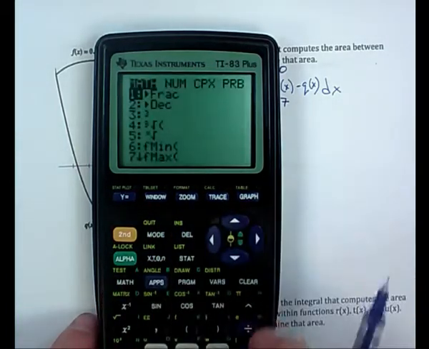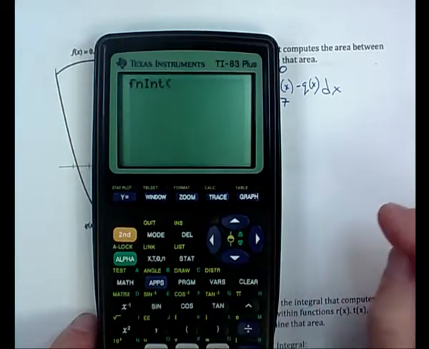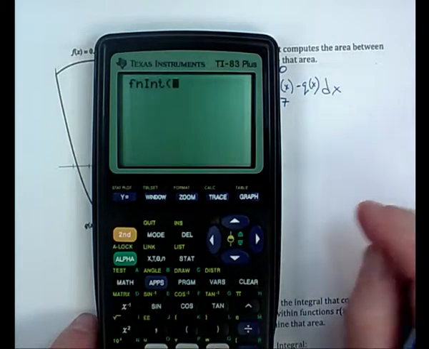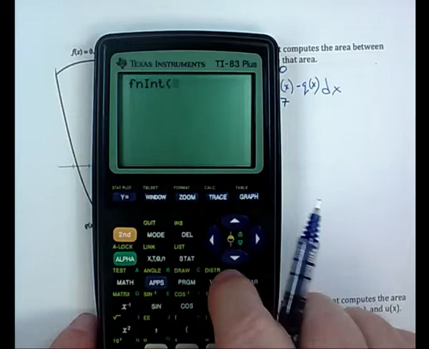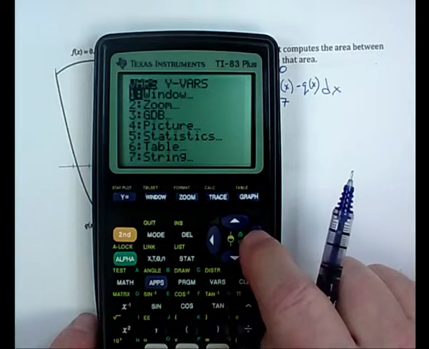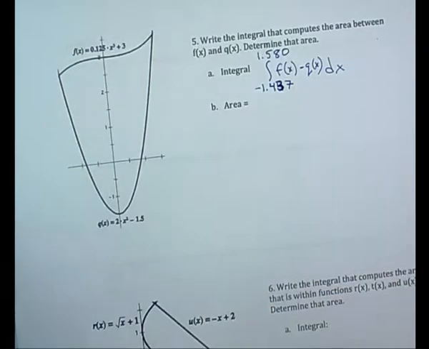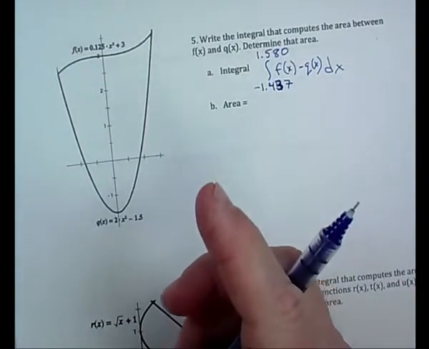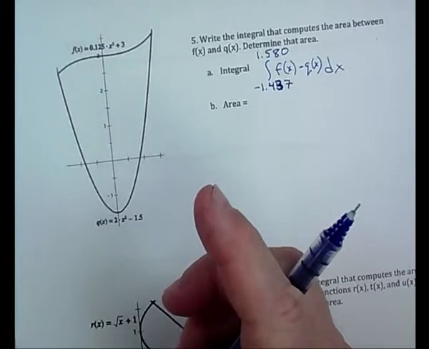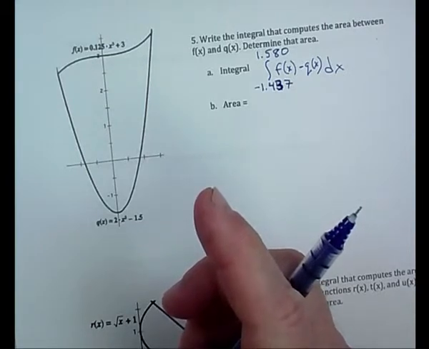Math, 9. Okay, comes your function. So you got to go to vars. Did you put them in there? Put your machine back. It's not the machine.